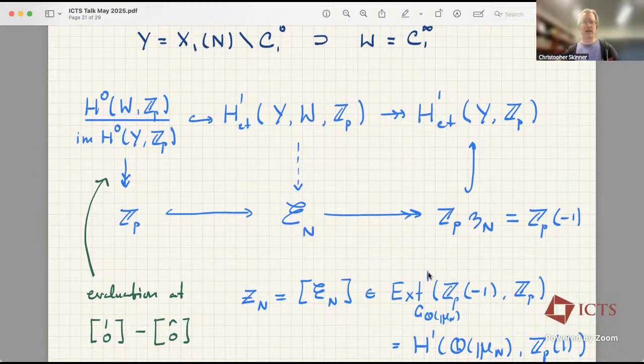I'm going to look at the cohomology of this open variety Y relative to the closed subvariety W. And so I have as a quotient the cohomology of the variety Y, and as a kernel I have the image of, in this case, the H^0 of W.